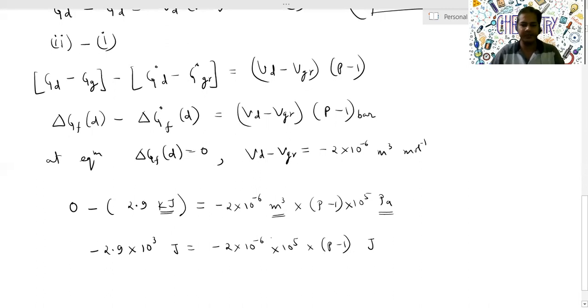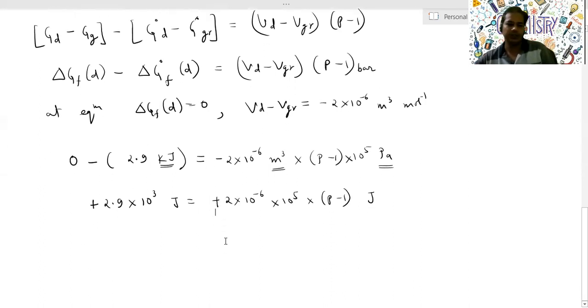Now let us further simplify this. Negative sign cancelled. Joule will be cancelled. We'll get the value of P in bars. This comes out to be 2900, since 2.9 into 1000 is 2900, divided by 0.2, which is 2 into 10 raised to minus 1, equal to P minus 1.